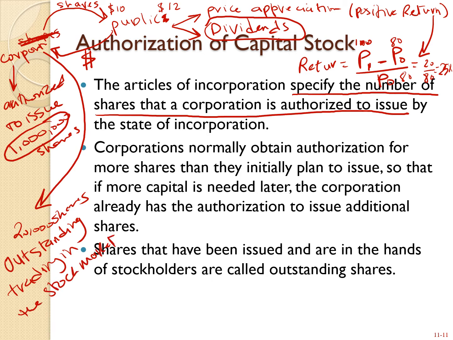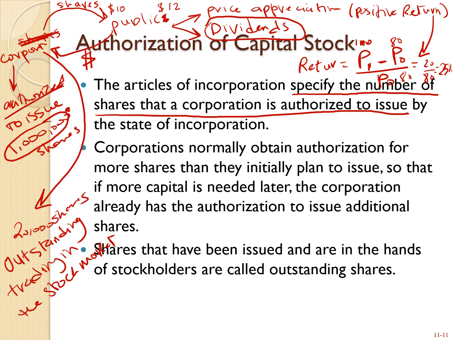So you need to differentiate between two things. The number of shares that the company is authorized to issue is different from the outstanding shares that are currently outside the company trading in the public or in the stock market. This number, the 1 million shares, is just a number on paper. It has nothing to do with reality. This is just paperwork. You are authorized to issue this number. This doesn't mean that you will issue this number.